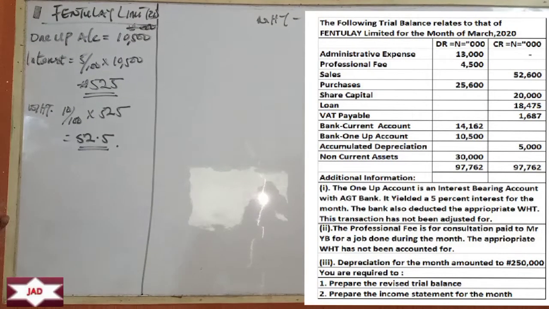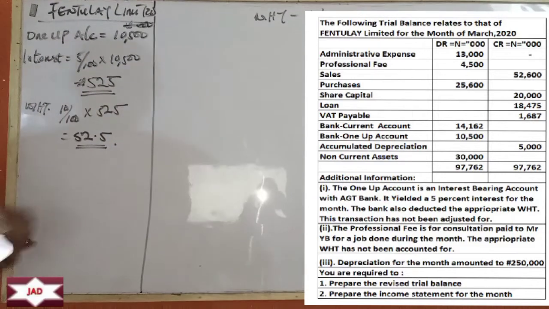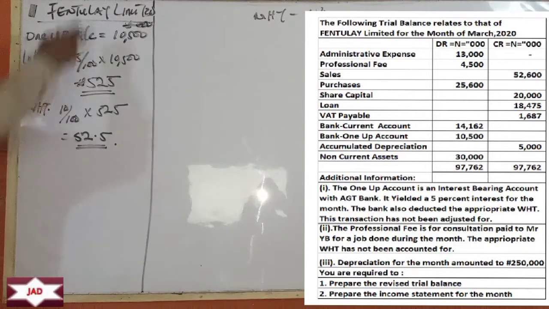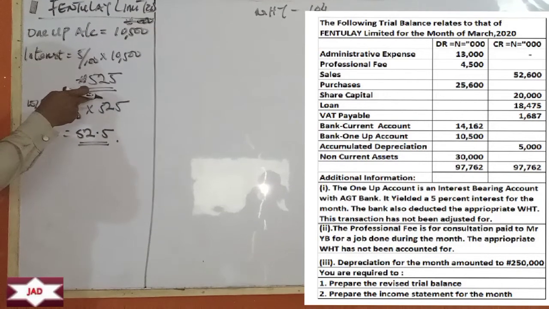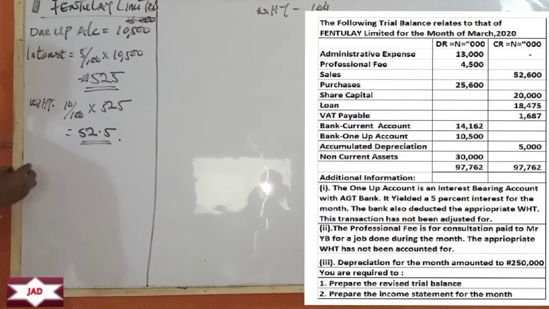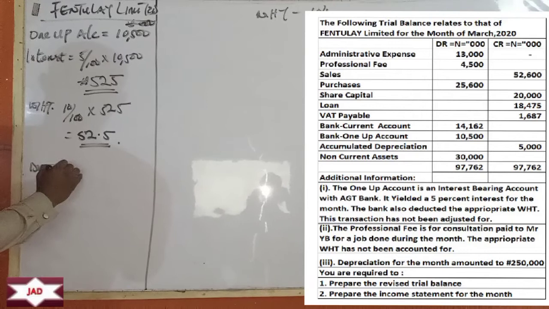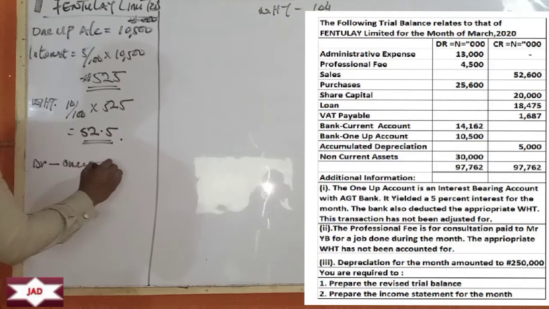So basically, the interest that you have earned is this. What will be the journal entry for this? The bank is paying you this, which means what you have here will increase by this. So you're going to debit the one-up account, with how much?